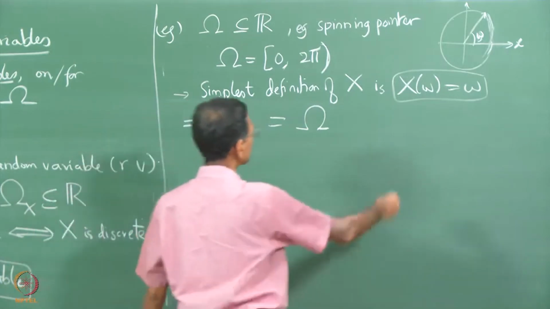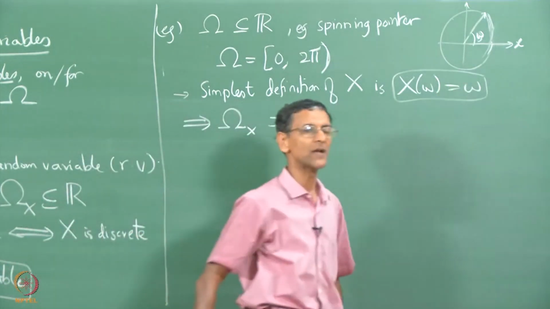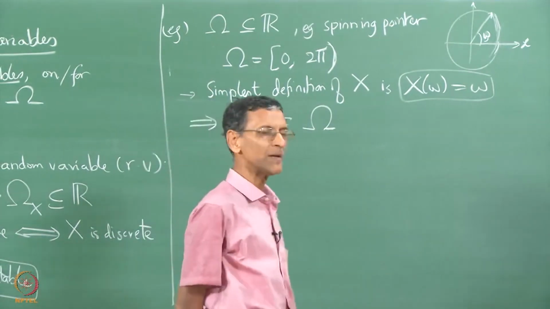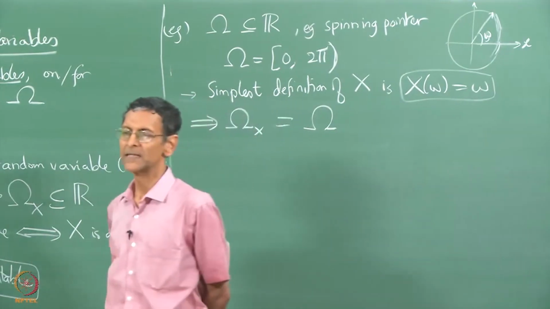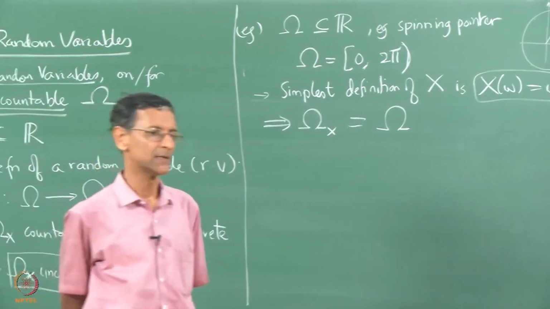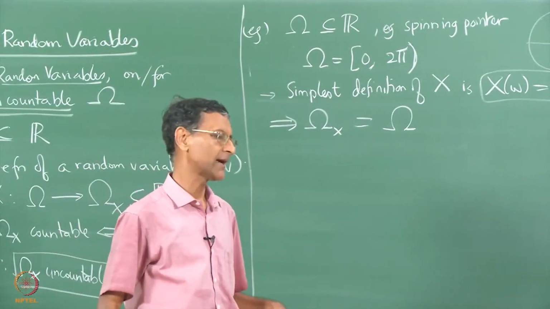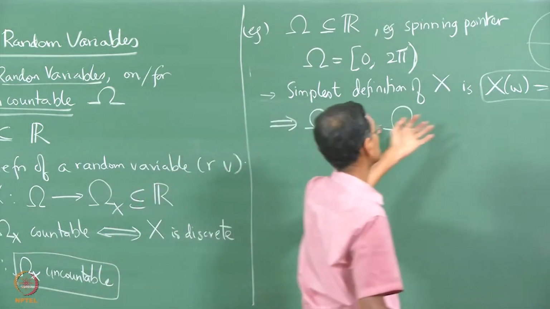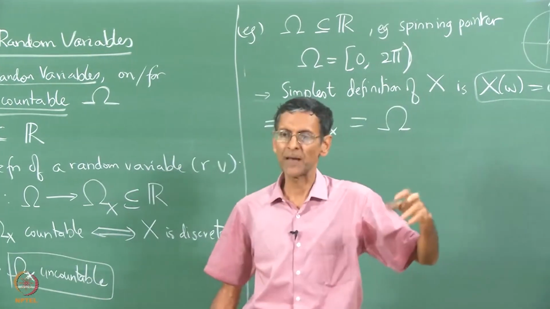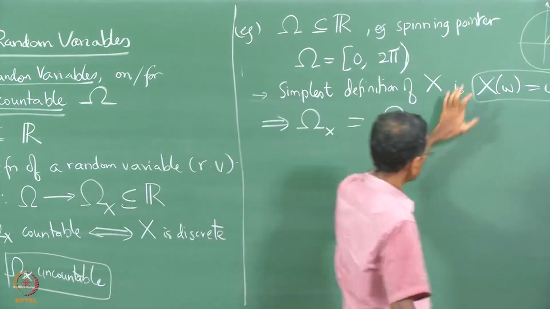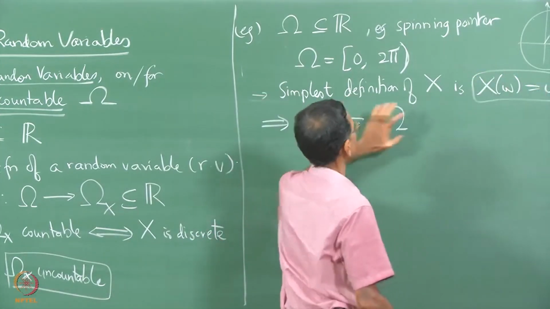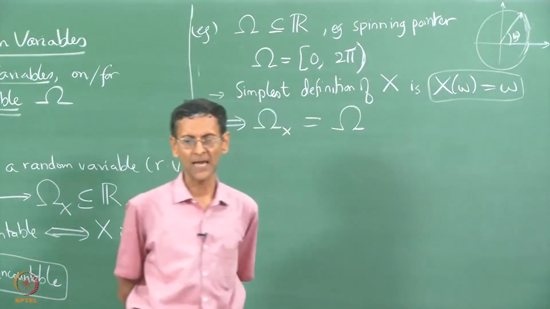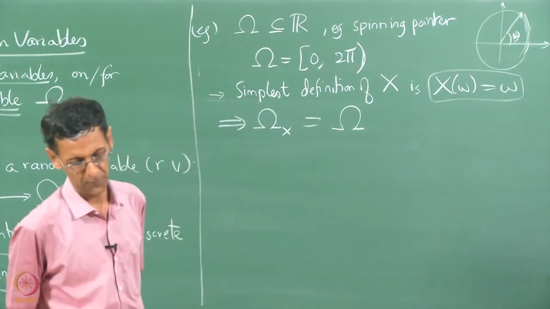And it need not be necessarily only a spinning pointer. I could have a linear experiment where I could be measuring the distance from some origin, and that could be measured in an uncountable fashion, instead of in a discrete manner. And if I define this x of omega to be omega, then automatically the set of values taken by x becomes the same as the sample space itself.